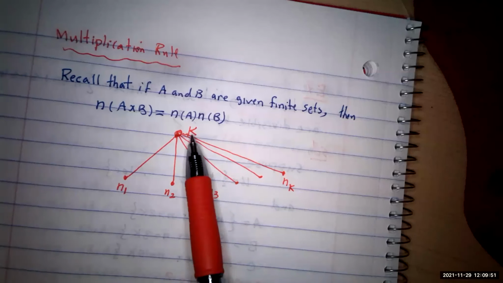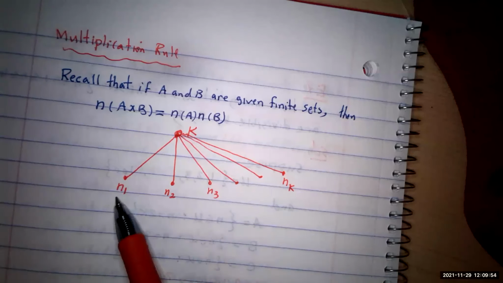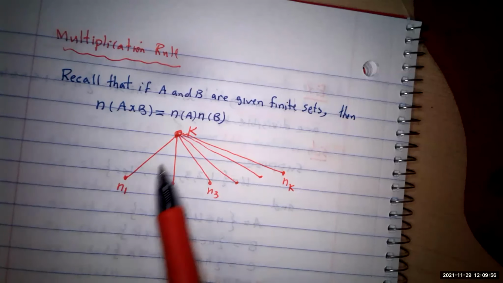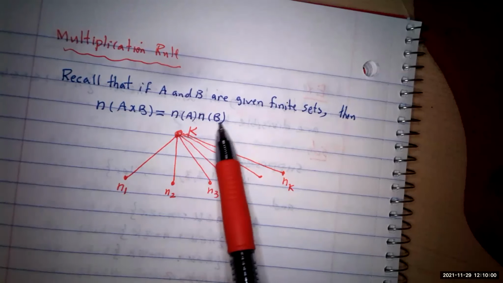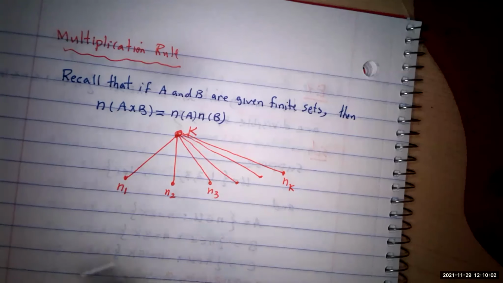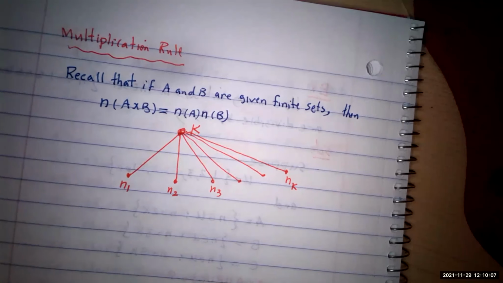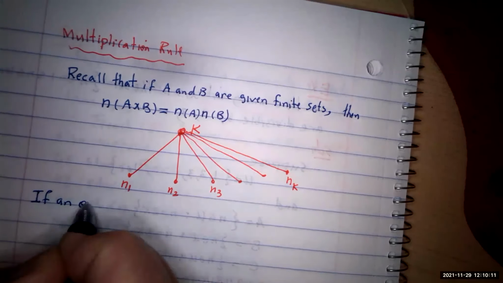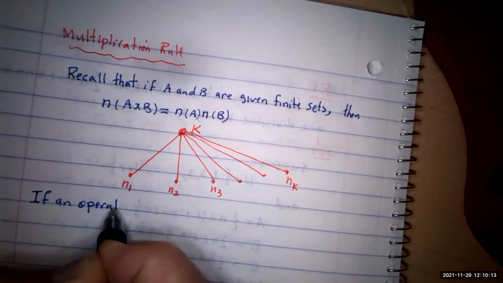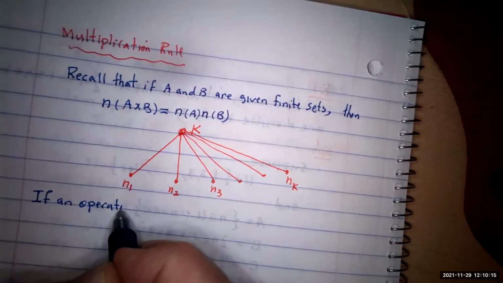Different parts means the first step needs N1 ways, then N2, N3, up to Nk. So the total job is going to be the product of all of them: N1 times N2 times N3 up to Nk. So if you want to use it in word form, it's the one if an operation. And most operations in everyday life are of this category.